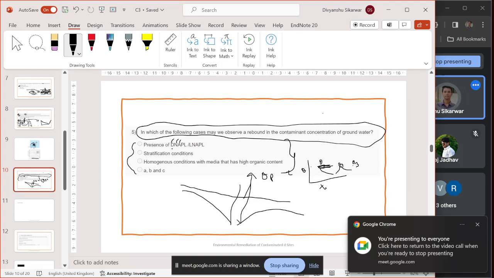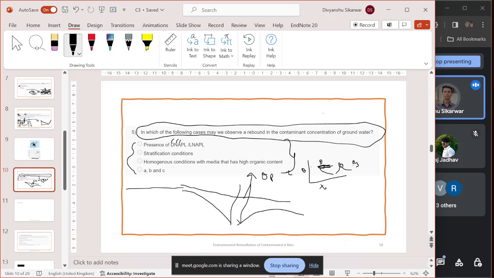So basically, if we study, there are three mechanisms. The primary one is if the contaminant present in groundwater can get dissolved in the groundwater. If it is aqueous, the contaminant gets dissolved in the groundwater, then normal pumping is sufficient.